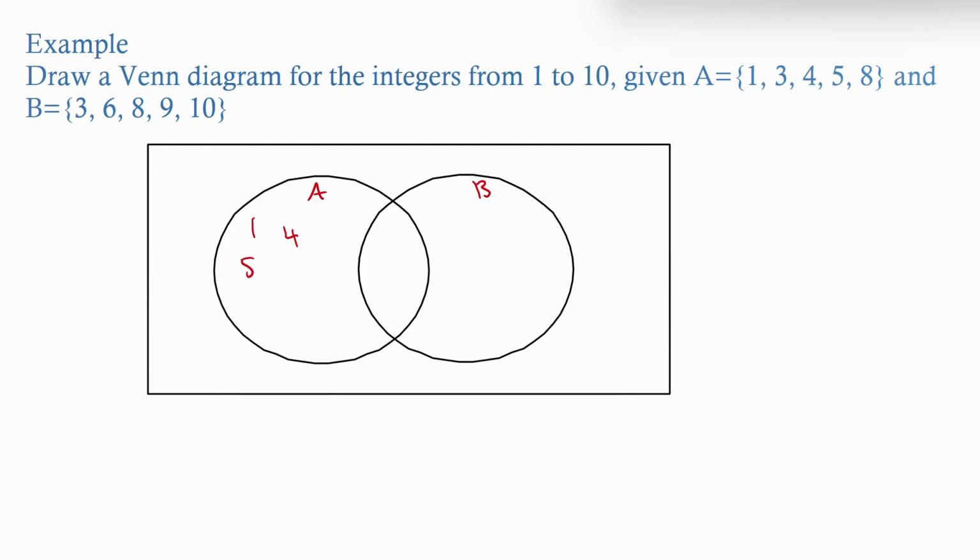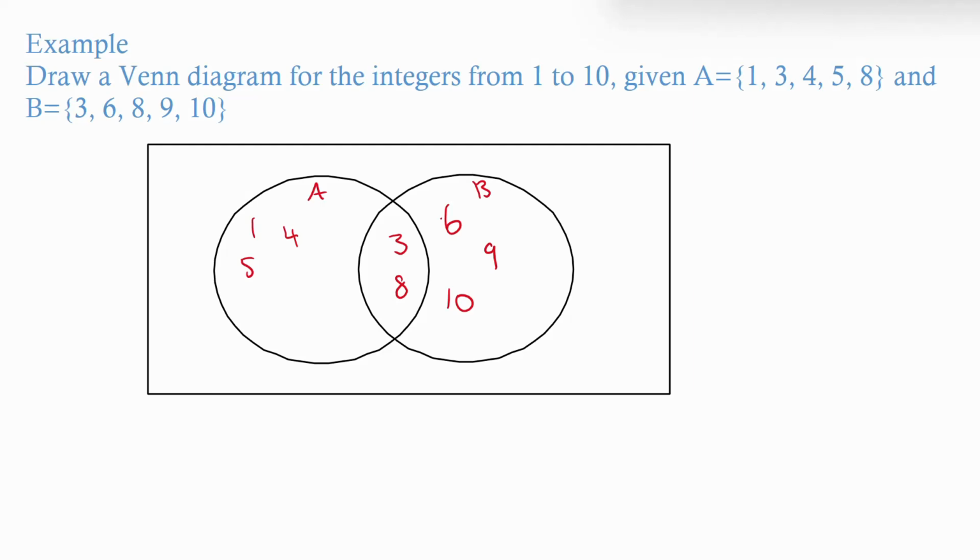Over in B, we're going to have 6, 9, and 10. And then our shared numbers, or our intersection part, is going to be 3 and 8. All right, so that would be the Venn diagram for this case.